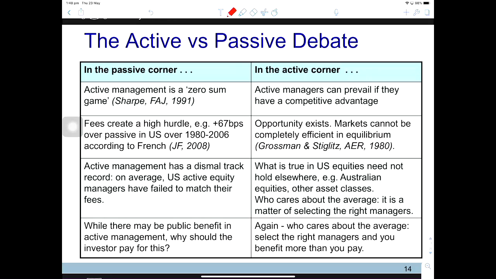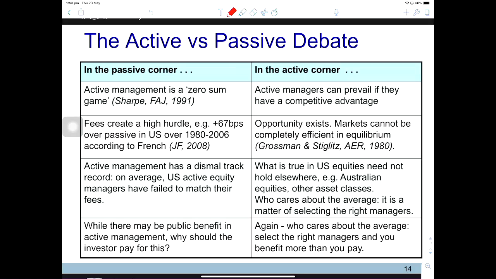On the other side of the debate, especially the managers who are adopting an active investment approach, they believe, okay, we are not the average person. We are not the average manager. We have the superior information, superior skills, and we are able to generate alpha. The market is not always efficient, and we are able to identify that temporary mispricing to generate active return, and even after fees, we are able to generate a positive alpha for investors.